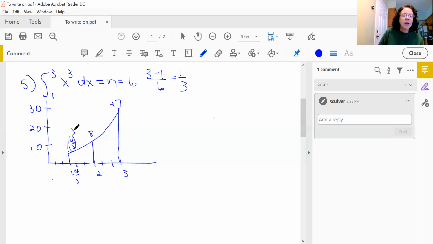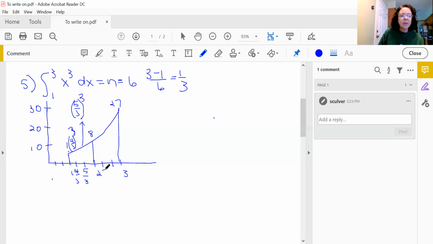right? That's a 3. My 3s are not showing up. There we go. I can do better. This is 5/3, right? And that function value is 5/3 cubed. Again, that's a 3. Let's see if I can do better. I did, right? And here is 6/3, that's 2.